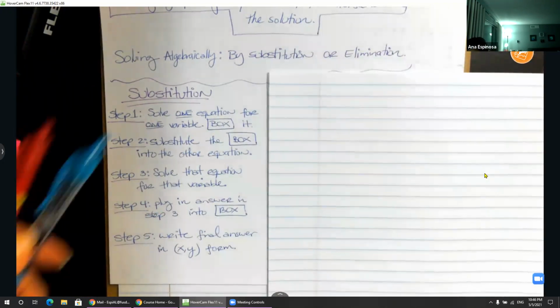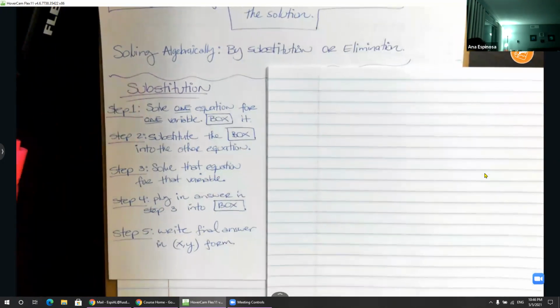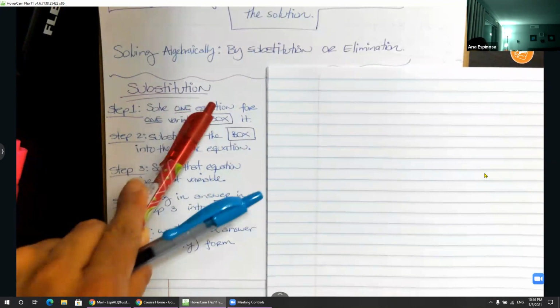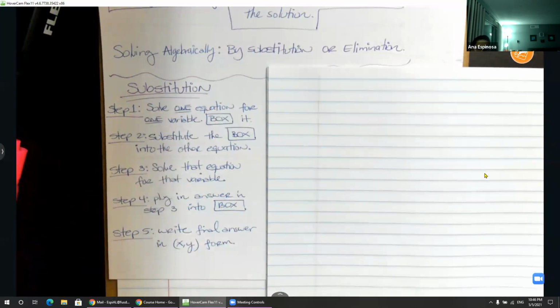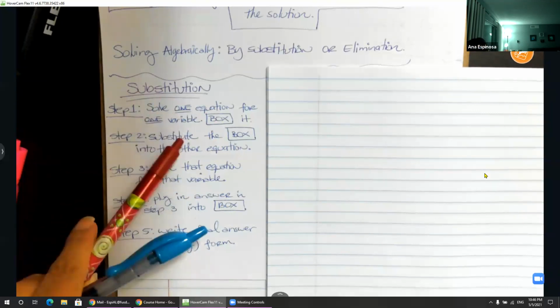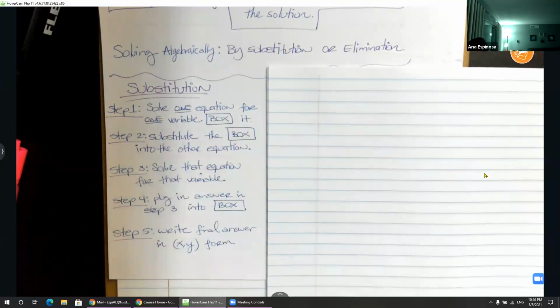So let's look at this first substitution method. In order for you to start substituting, you have to get one equation for one variable, and then you box it. I'll explain that when I do an example. Then you substitute, which is what it's called, substitution. Then you substitute that box into the other equation. You will begin with one equation, 2 variables.